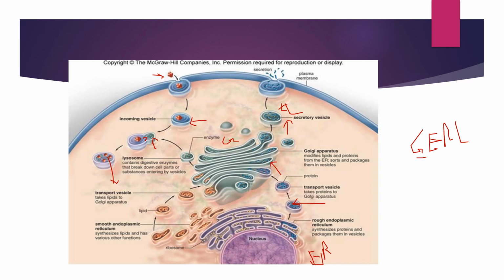The vesicle attaches to the plasma membrane, the undigested food material is dumped outside the cell, and again a small part of the plasma membrane becomes part of it.